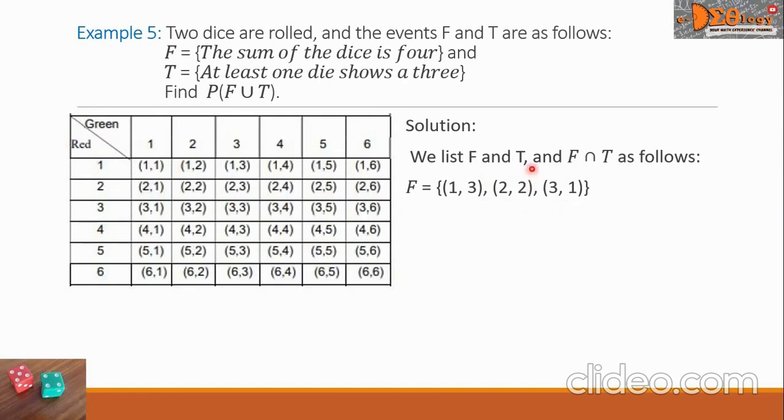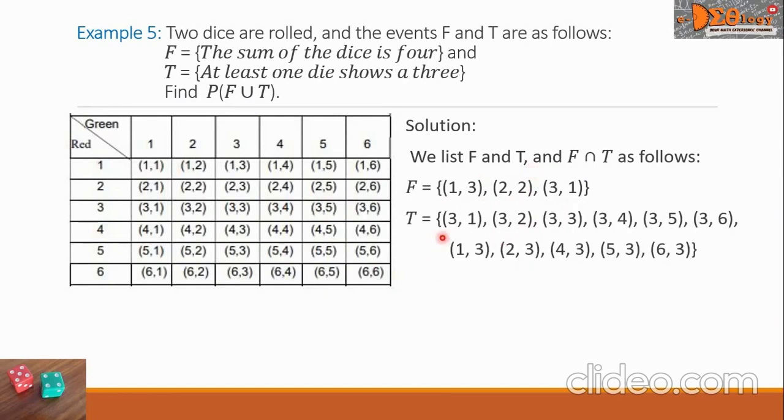Next is the event T. So we have here many elements, starting with 3 1, 3 2, 3 3, 3 4, 3 5, 3 6, 1 3, 2 3, 4 3, 5 3, and 6 3. Now, for the F intersect T, we have 1 3 and 3 1.